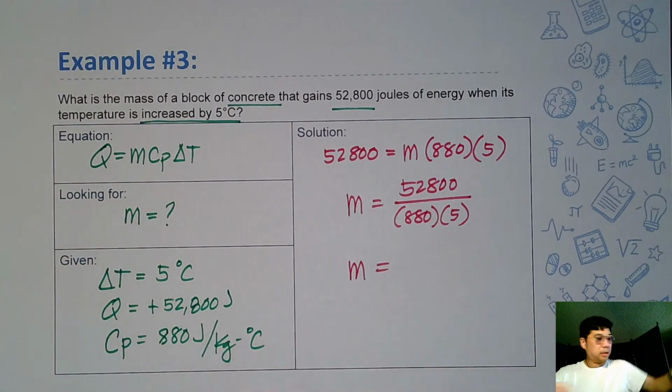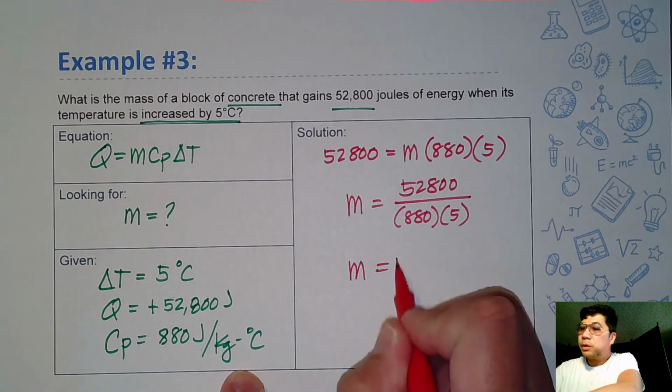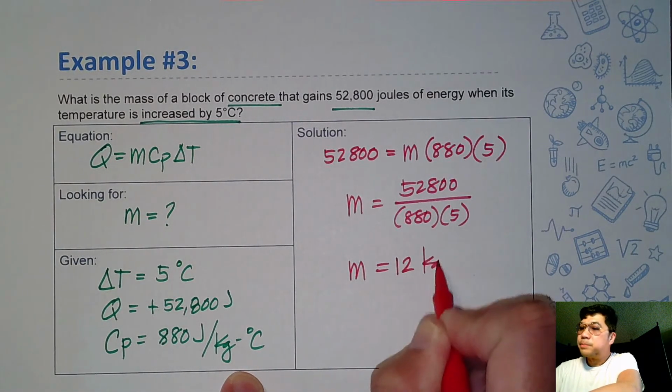Using our calculator to simplify, 52,800 divided by the product of 880 times 5 gives us an answer of 12 kilograms.